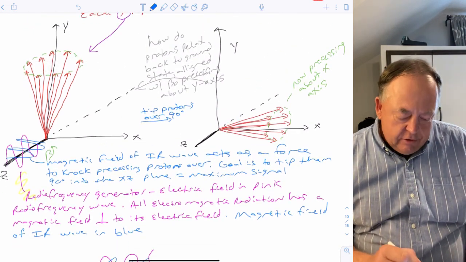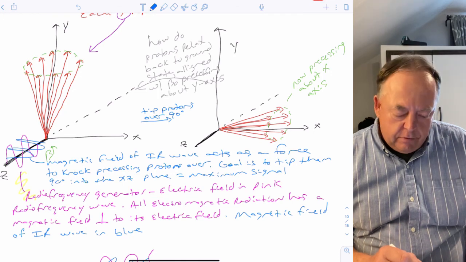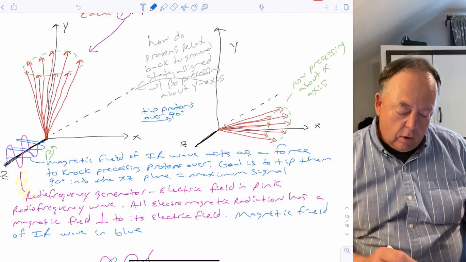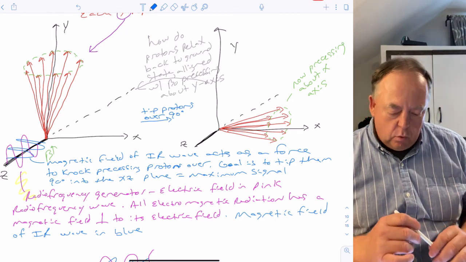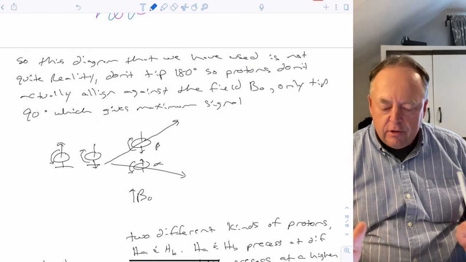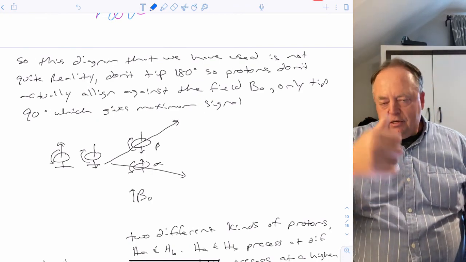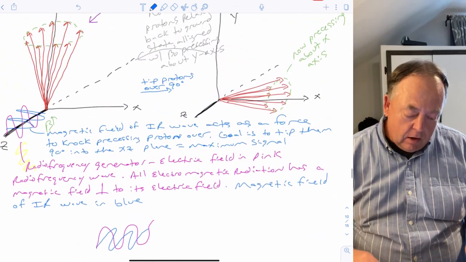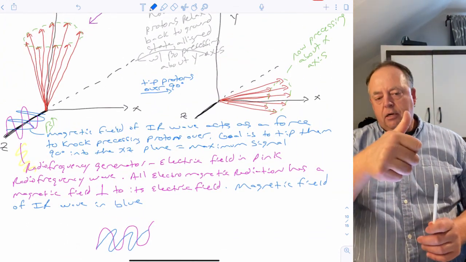What we're going to use is the magnetic field of the radio frequency. We've been using a diagram that is not quite accurate in NMR, because we're not actually going to spin flip it. What's actually done in NMR is you just take that proton and knock it over.